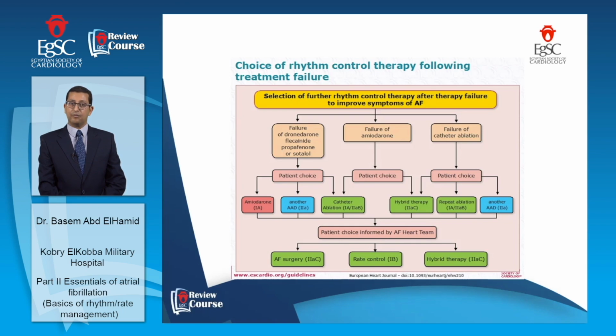In case of failure of amiodarone, it is hybrid therapy or catheter ablation. In case of failure of catheter ablation, do another catheter ablation, add another antiarrhythmic drug, or hybrid therapy. Patient choice informed by the AF team is AF surgery, rate control, or hybrid therapy.